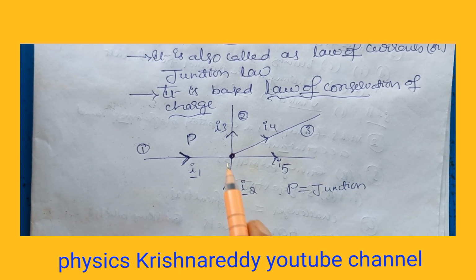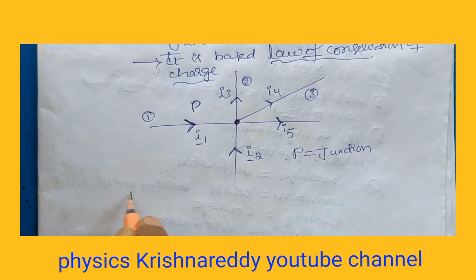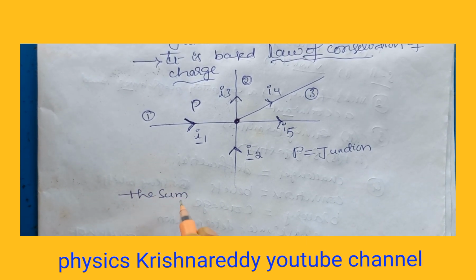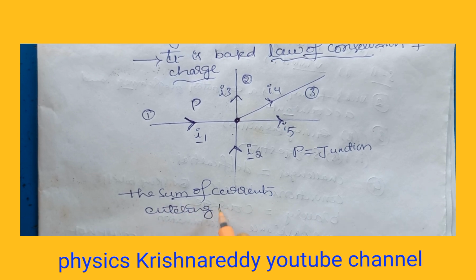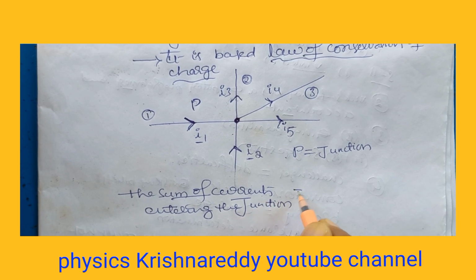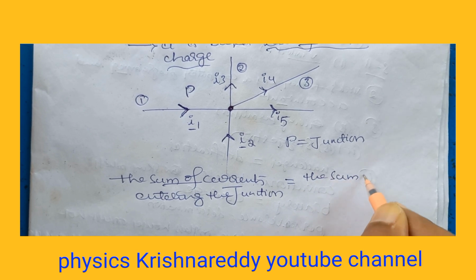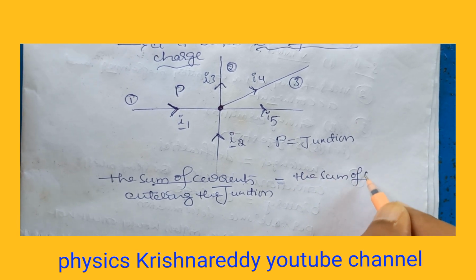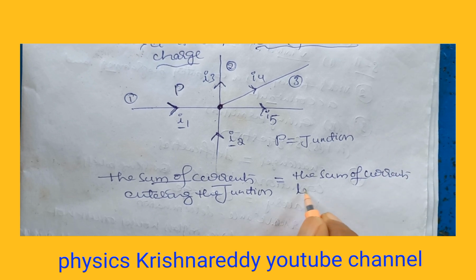Now the statement of Kirchhoff's first law is: the sum of currents entering the junction is equal to the sum of currents leaving the junction.